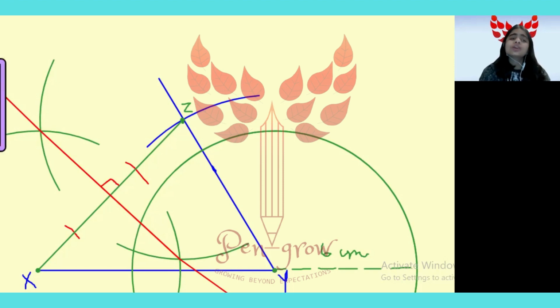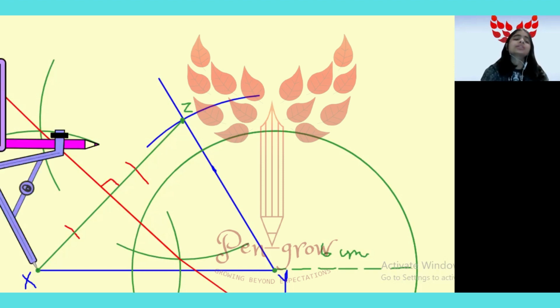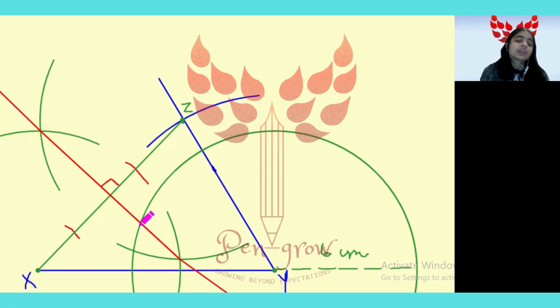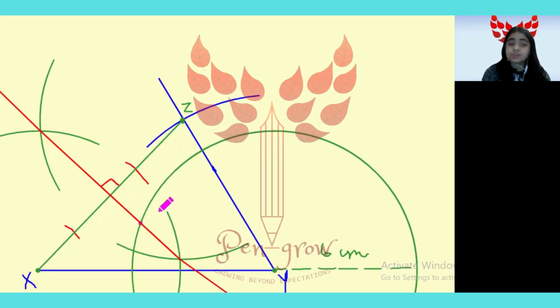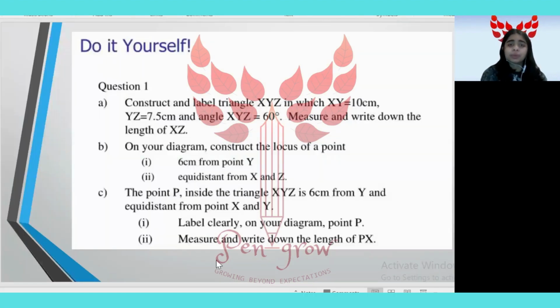We can clearly see only one such point, and that is this. It's inside the triangle, it's equidistant from X and Z, and it's on the locus of a fixed distance of 6 centimeter from Y. And label clearly on your diagram the point P. So let's label it. We've just marked it, we haven't labeled. This is point P.